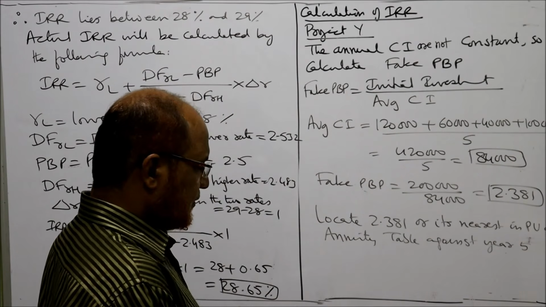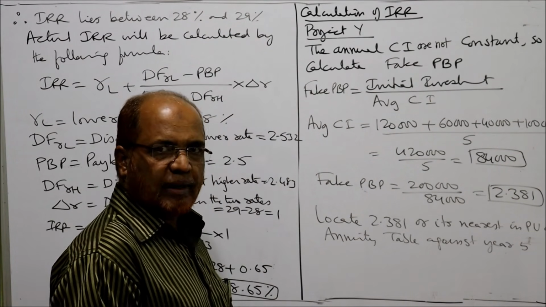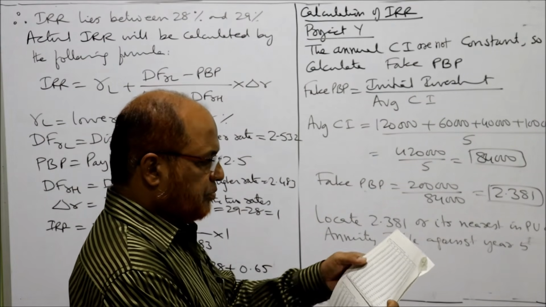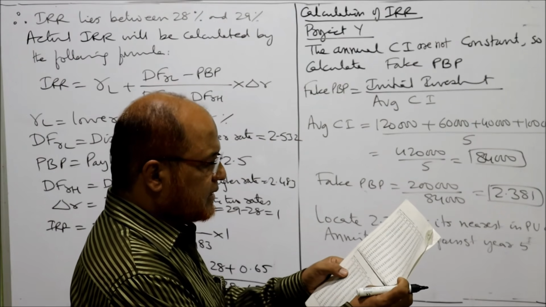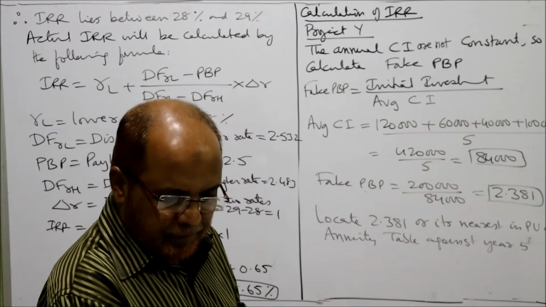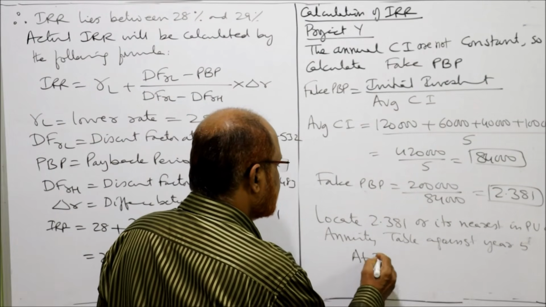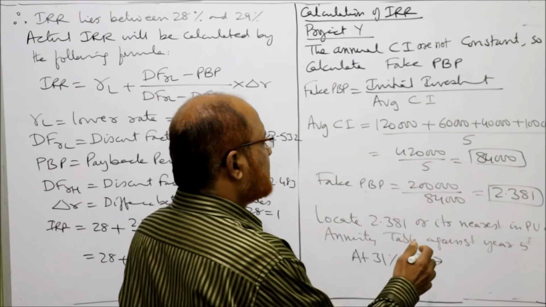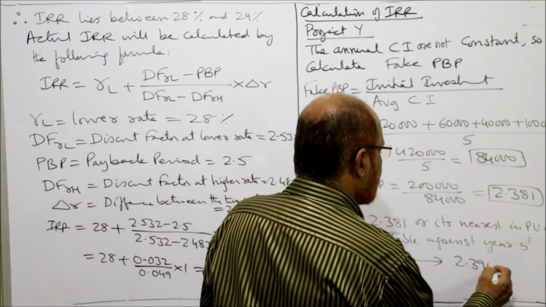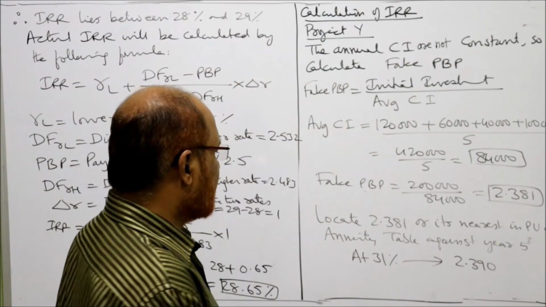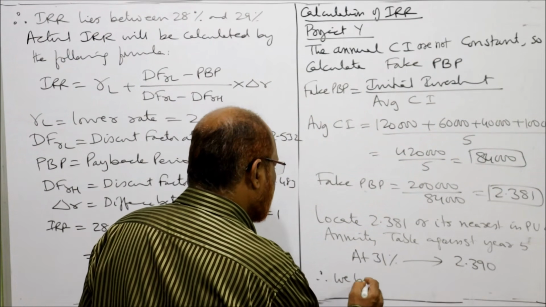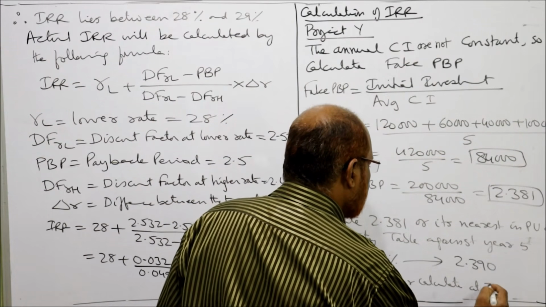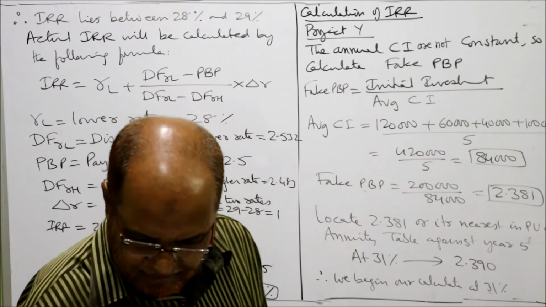The nearest value to 2.381 in PV of annuity table, 5th year, is at 31%. At 31% you can see here 2.390. Therefore, we begin our calculations at 31%.